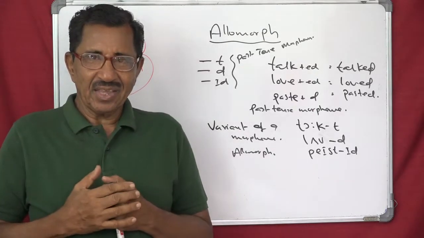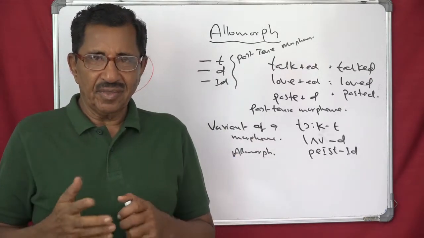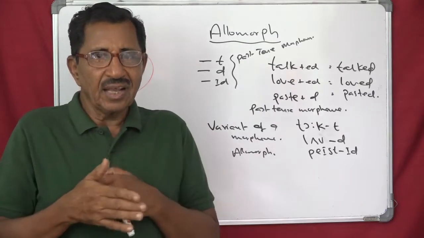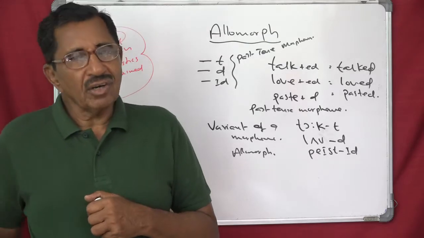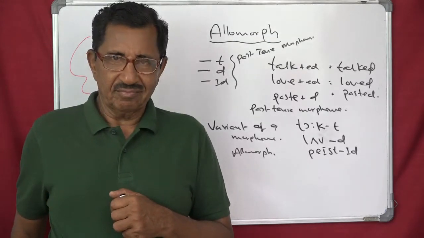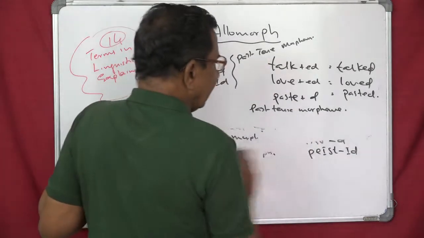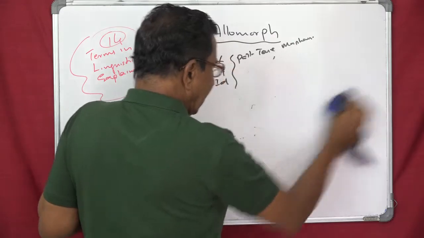When past tense becomes actual, it has three different forms, and these different forms of the same morpheme you call allomorphs. I think that is clear to you now. So then you will definitely ask me, are there any more allomorphs?